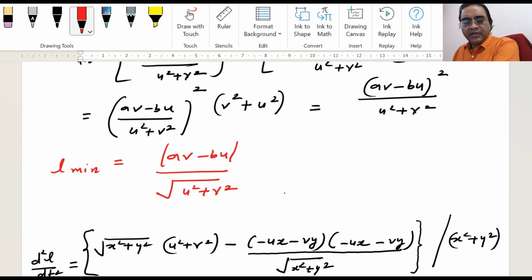So this is the shortest distance between them at certain instant, and we found out what is t at that particular instant.